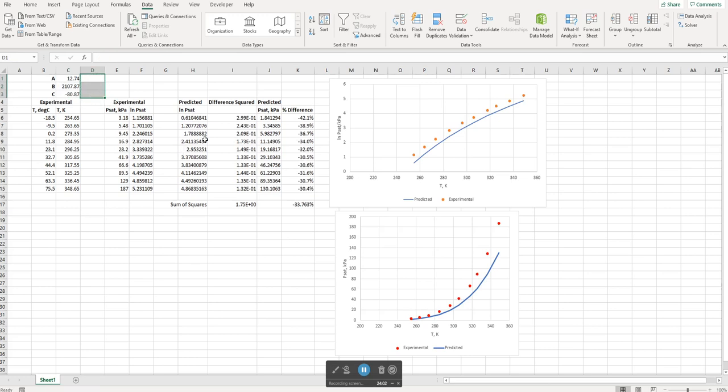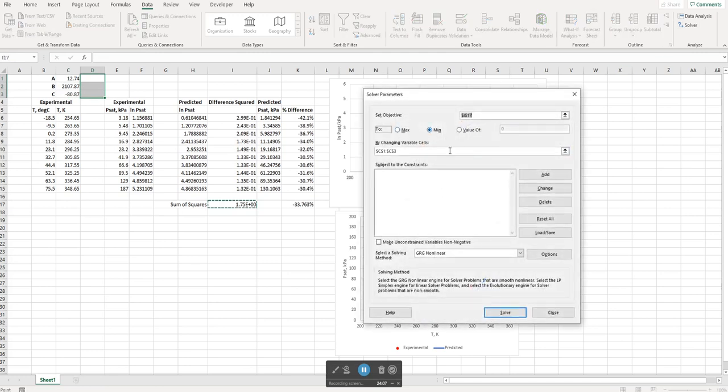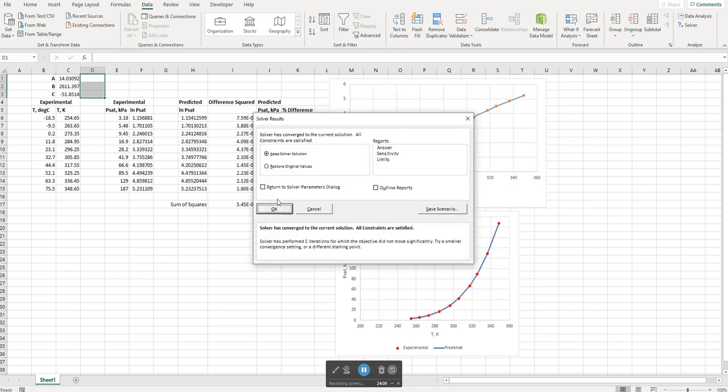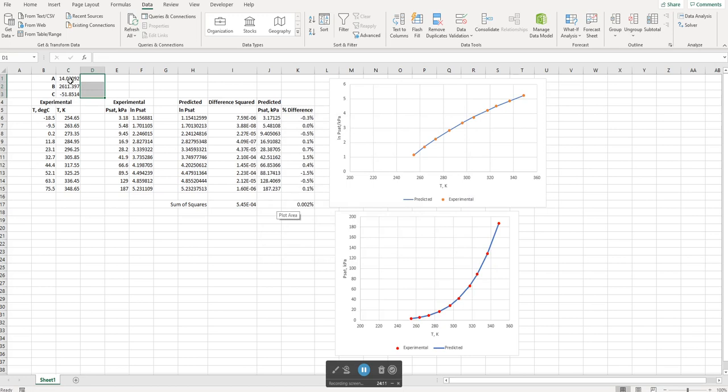All right. And let's do the solver with these values. And so notice that the solver then came to 14, 2600, 51, minus 51. We got an even smaller sum of squares than we had before.